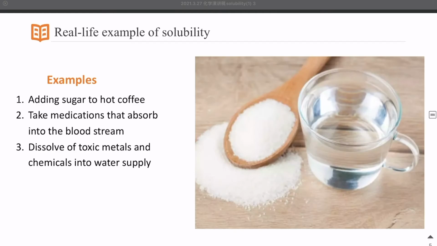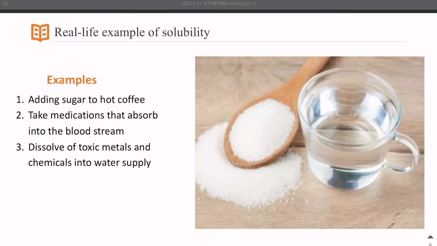Let's see some real-life examples of solubility. Adding sugar to hot coffee, taking medications that absorb into the bloodstream, dissolving of toxic metals and chemicals into water supplies. Definitely, these examples are solubility of a solid in water.